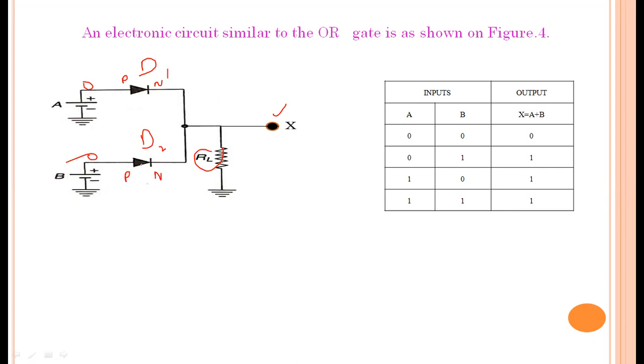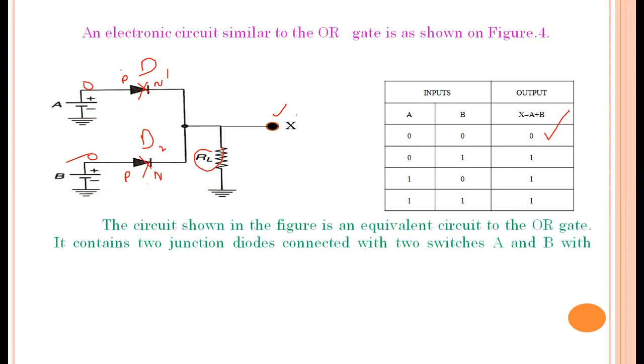We know reverse bias is nothing but there is no current flowing through the junction diode. There is no current through junction diode D1 and no current through junction diode D2. So no current passes through the load resistance RL and the output X is equal to 0. This shows X is equal to 0.